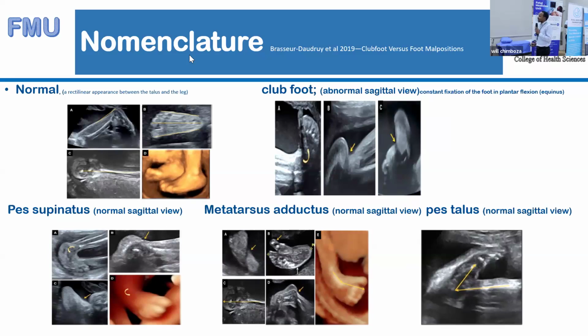But for positional foot deformities, this one remains normal in all of them. In pes supinatus, there's only supination of the foot, but the sagittal image is normal, there's no plantar flexion, and the plantar image of the foot is normal, there's no adduction. And then for metatarsus adductus, there is forefoot adduction, but the sagittal image is okay. There is a rectilinear appearance between the leg and the talus, and the coronal image will be normal.